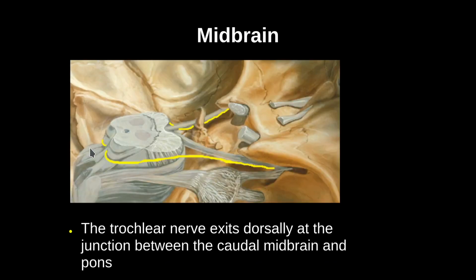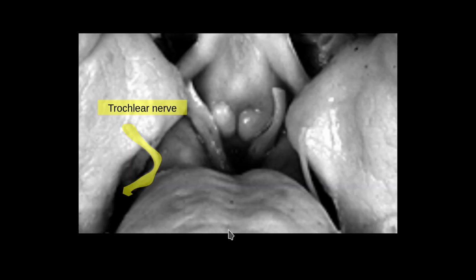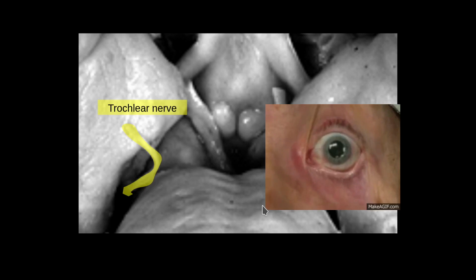Similarly, that nerve we saw exiting beneath the inferior colliculus will also target the same fissure in your orbit. So same destination as the oculomotor nerve. That tiny little trochlear nerve. So what happens?